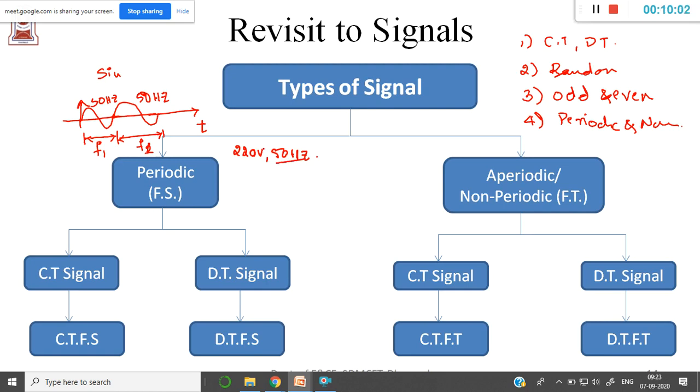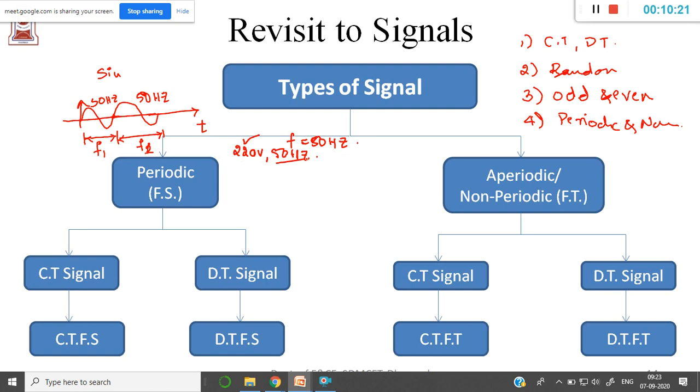The voltage is around 220 volts and its frequency is 50 hertz. Normally you will know this, right? So is it a periodic or aperiodic signal? It must be periodic, right?